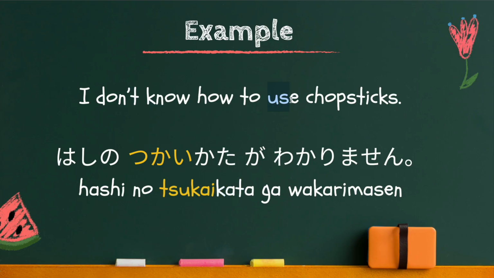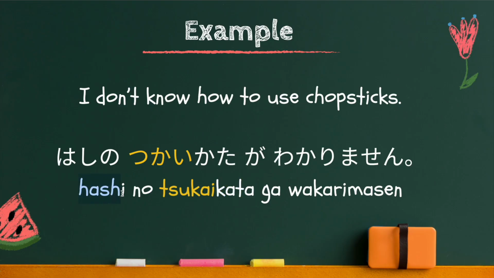To use in mas form is 使います。Therefore, drop mas off and use only the mas stem, and then add kata. Together, it's how to use. Chopsticks is hashi, and there is no particle because 使い方, this whole part is considered as a noun.